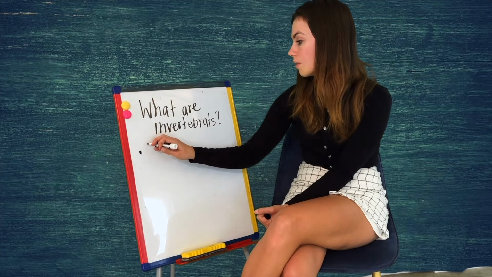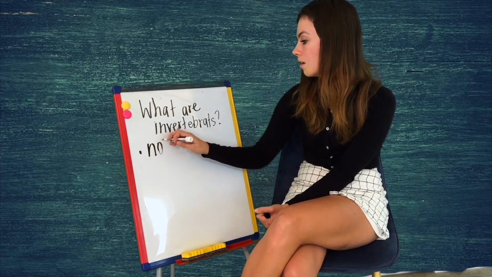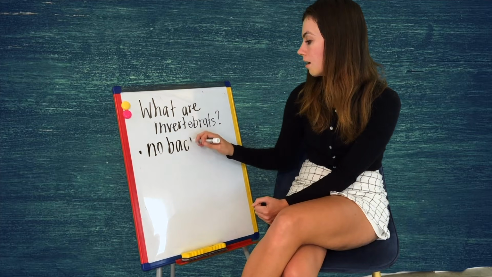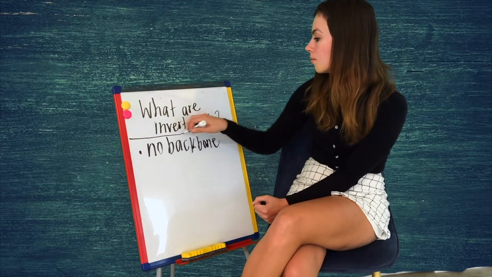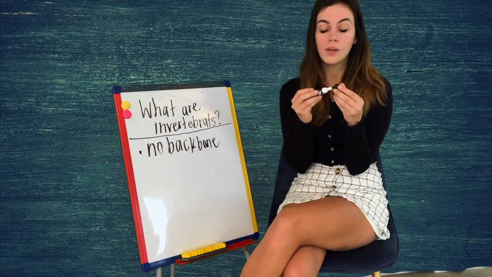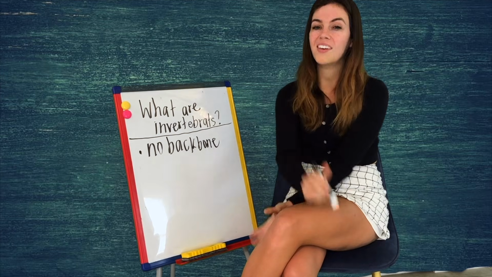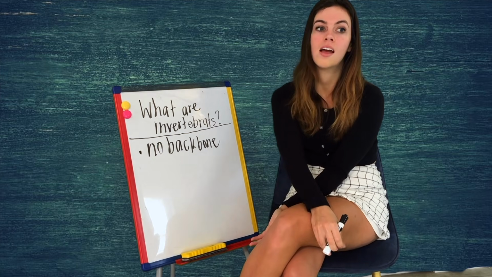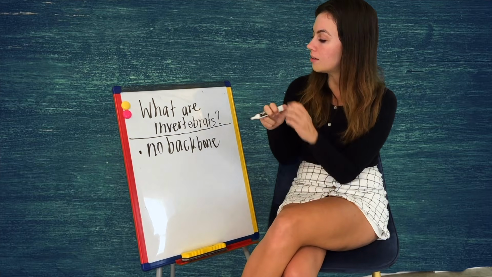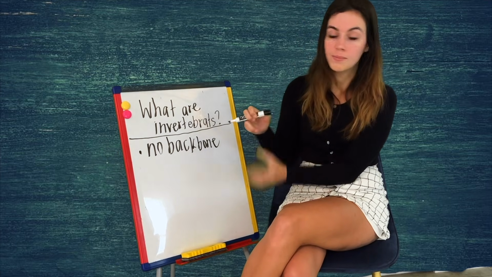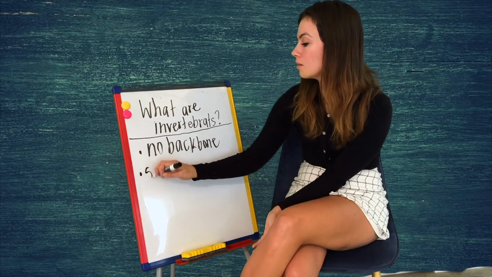So, no backbone. So invertebrates make up about 97% of all animal species. So I'm just going to write down some examples of them. Sponges.